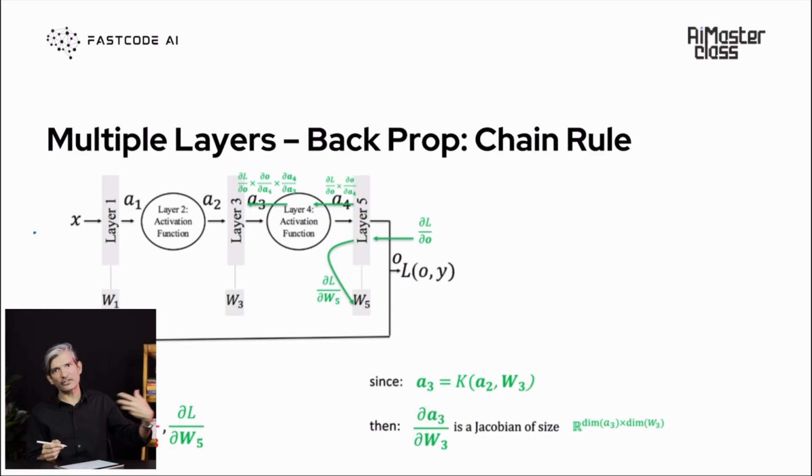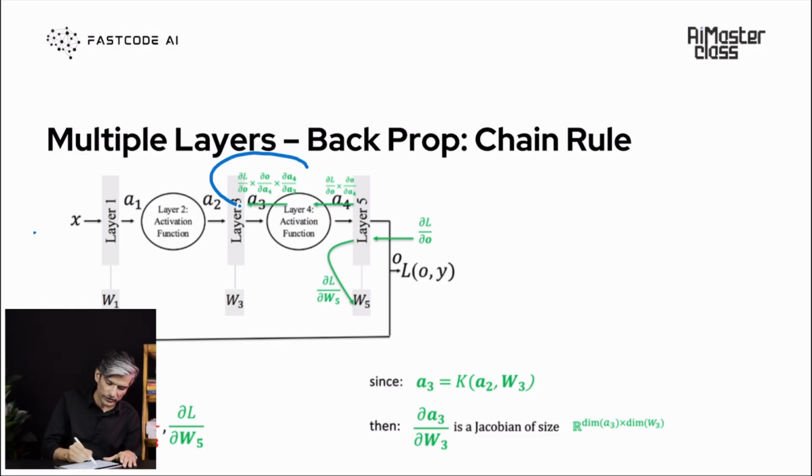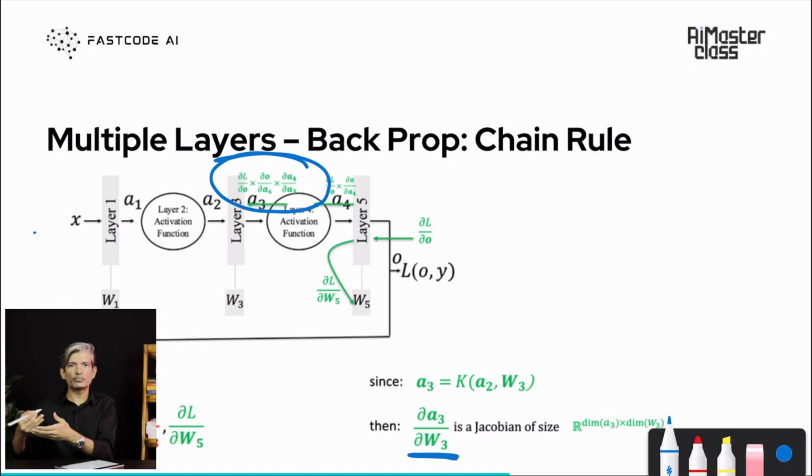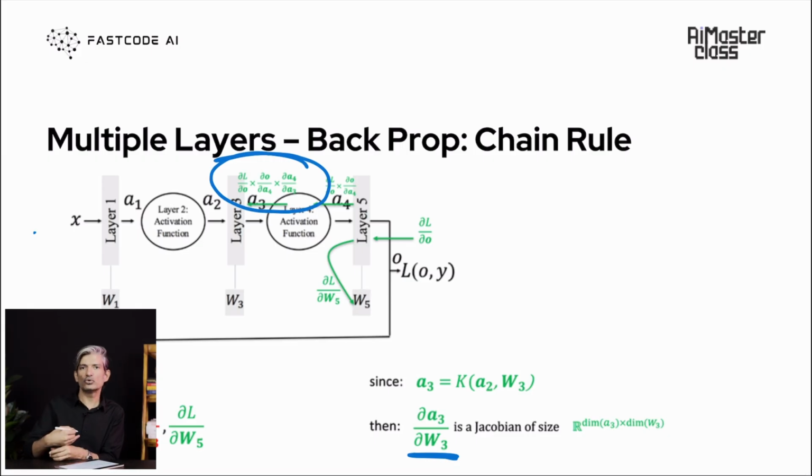And why does my layer 3 need it? Because it needs this to calculate the gradient for the weight, because it needs to go in the negative direction of the gradient to update W3. So we have this interesting quantity from the next layer, and then this layer can independently calculate the derivative of the output of this layer with respect to the weights of this layer.